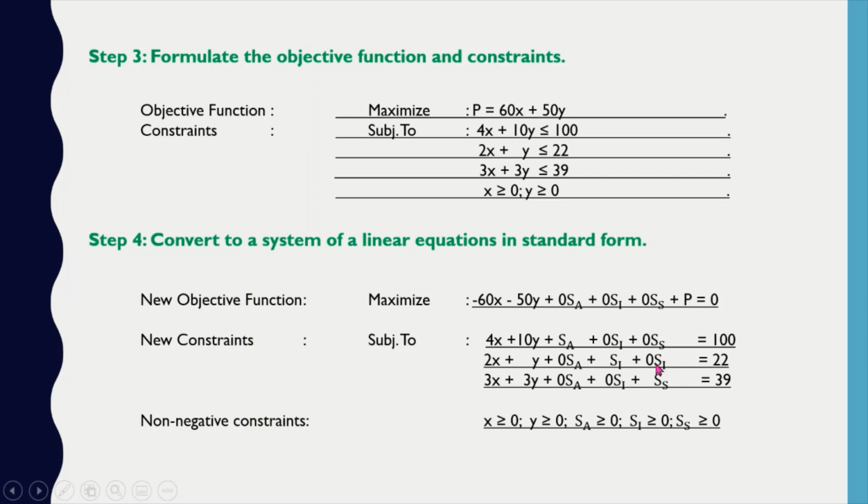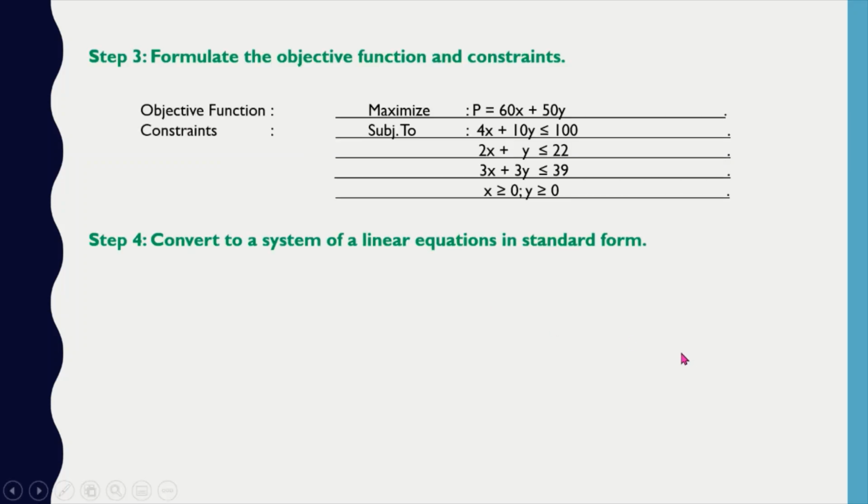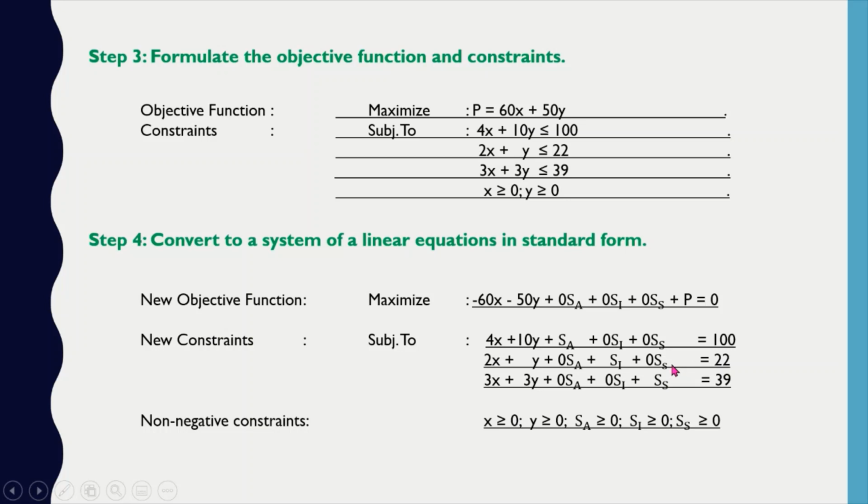The same thing will happen with our, oh sorry, this is SI. Let me just edit this. That is not SI, that is SS. Okay, then let's go back. That is SS, which is equal to 22.